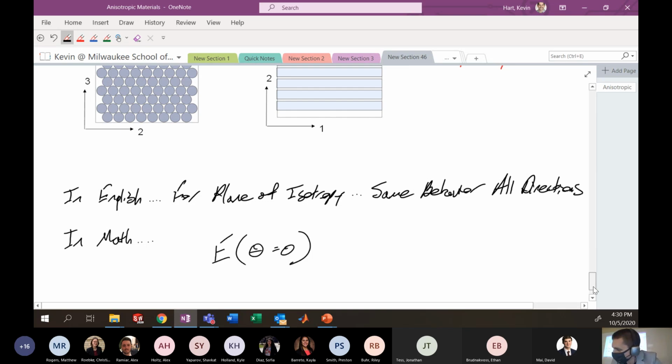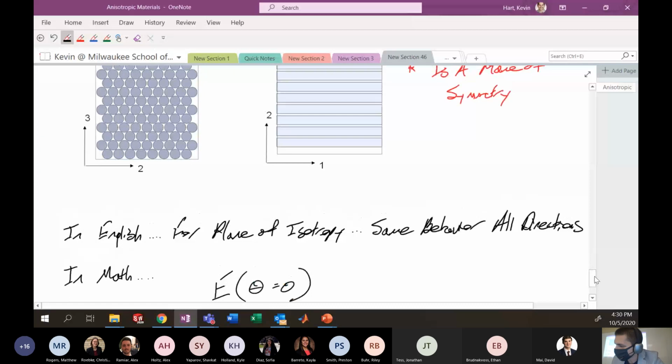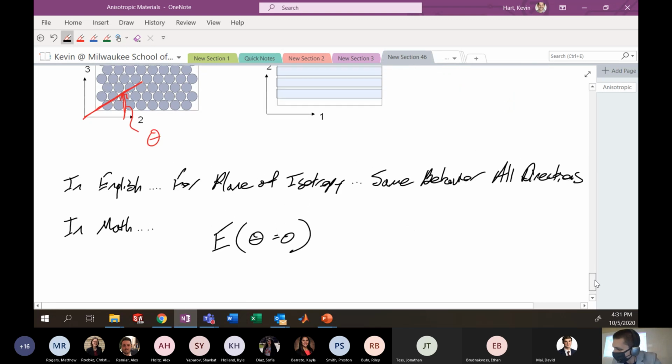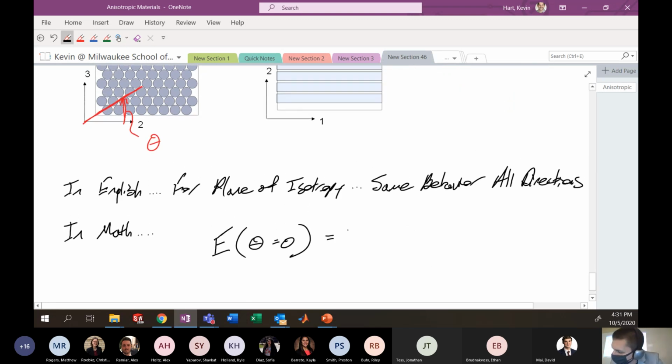So if you thought about some rotation angle, let's say this is our particular axis, on our isotropic piece, and we're looking at some angle here, theta. Then we'd say in math language that the stiffness or the modulus of the material at 0 is the same as the modulus at the angle theta, which is any arbitrary angle. Or you might just see it as the modulus at some angle theta.